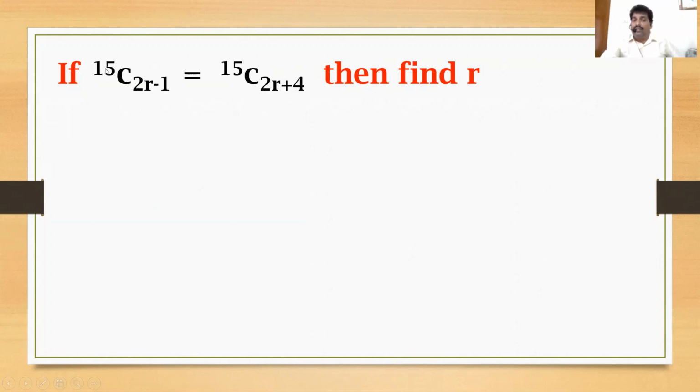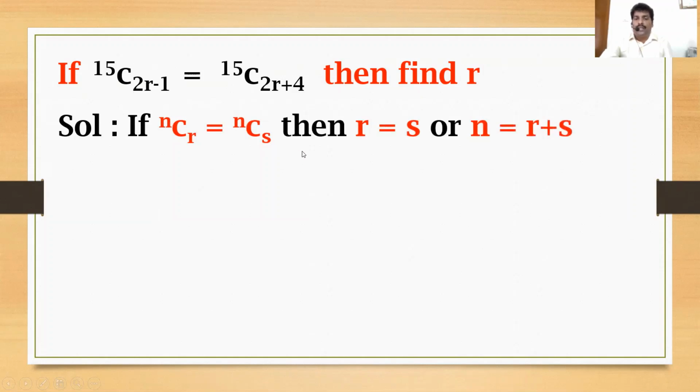N is equal to, N means here 15, is equal to R plus S. What is R here? 2R minus 1 is R. In the place of S, 2R plus 4. So NCR is equal to NCS. If you apply the formula, R is equal to S is not applicable because these two are not equal. Therefore, N is equal to R plus S, you have to apply.